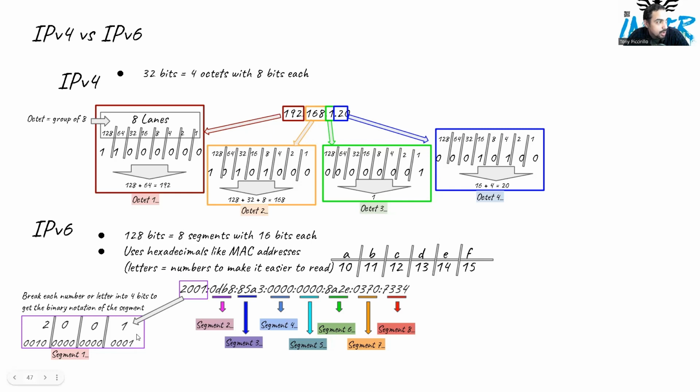So remember, we're doing the binary lanes, but we're only using 4 binary lanes: 2 raised to the power of 0, 1, 2, and 3. So that's how we're getting these here. This is how we figured out this segment, by breaking it down to 4 mini segments, each with 4 binary lanes instead of the 8.